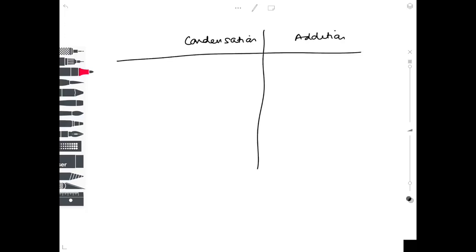Let's compare the difference between condensation and addition polymerization, because we've learnt about both in great detail. So let's first of all compare the monomers from which they both start out from. Now with addition, you only have one type of monomer. E.g., if you're making polyethene, the only monomer you'll have coming in is ethene.